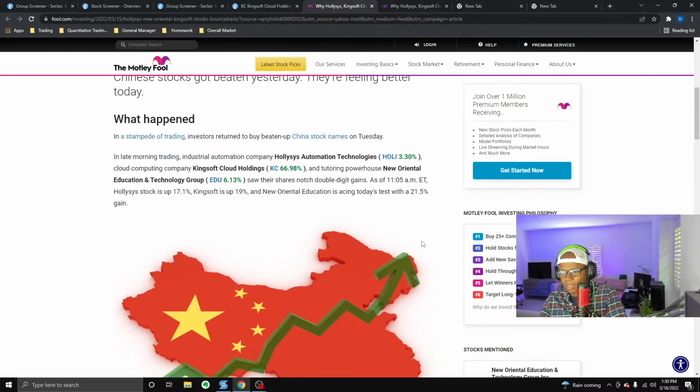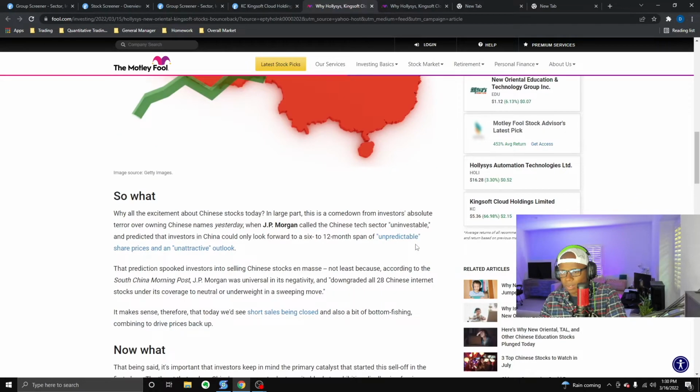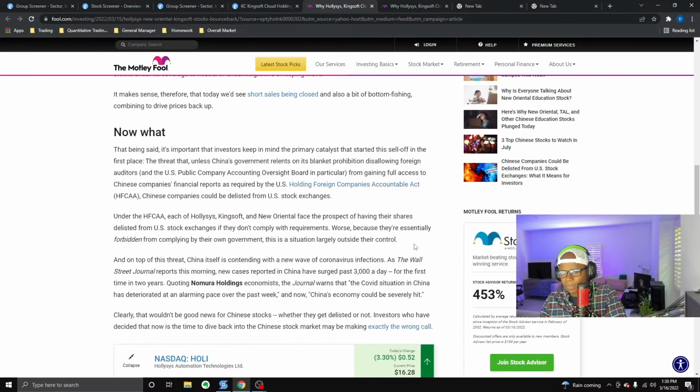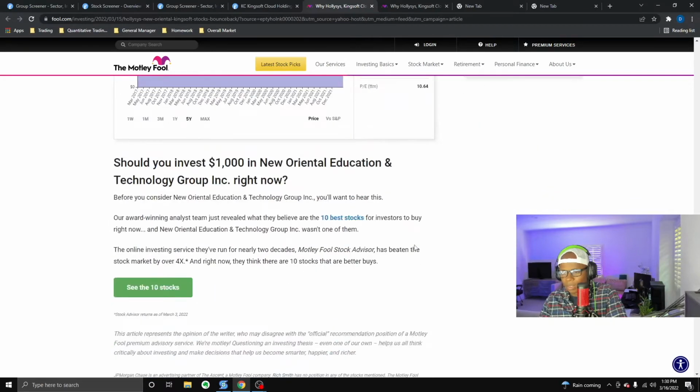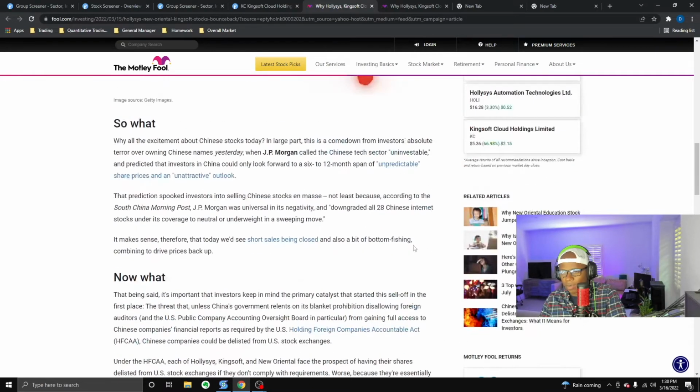Okay. And so this article pretty much tells us that a very credible person or industry or company, whatever JP Morgan or whatever you want to call it, they made a comment on Chinese stocks, and then that affected the way people viewed the stocks.